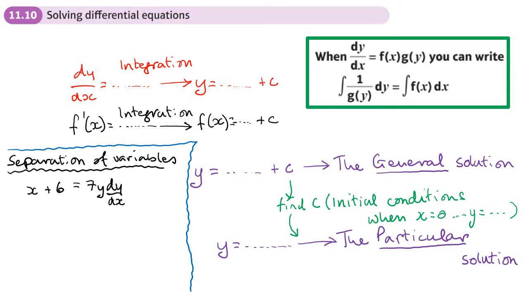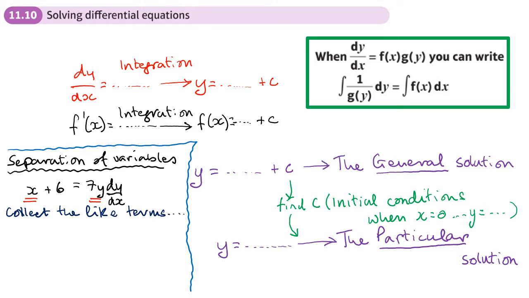Do you notice that what we've got is an x term and a y term, and basically separation of variables is just a fancy way of saying that we collect the like terms. That basically means we're going to put all of the x terms on one side and all of the y terms on the other side.